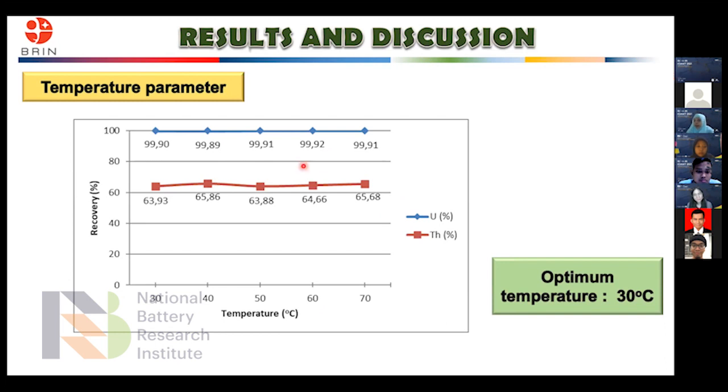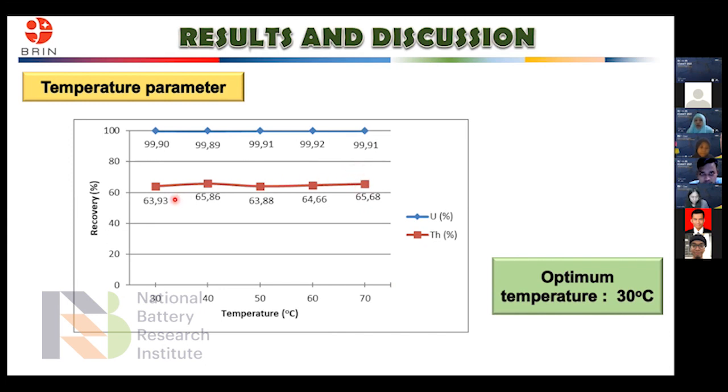And the temperature parameter. From this figure, it can be seen that the increase of temperature did not have a significant effect on the recovery of uranium and thorium. For the extraction of uranium at a temperature of 30 degrees Celsius, the recovery already reached 99.90%, and then stayed stable at that number even when the temperature was raised to 70 degrees Celsius.